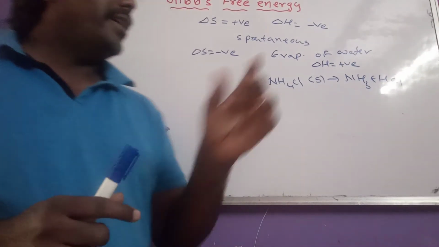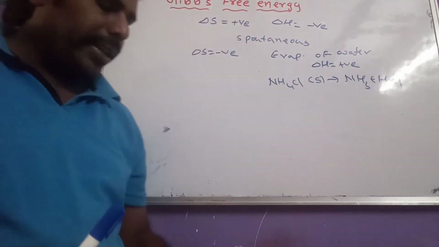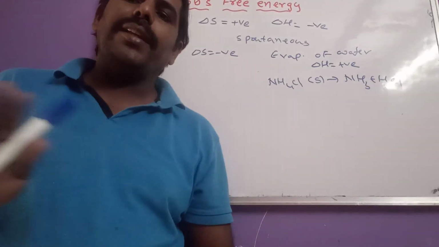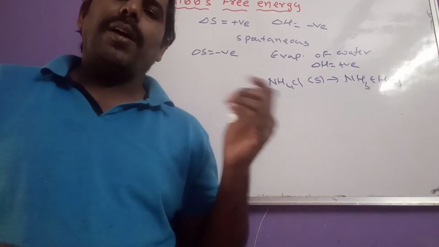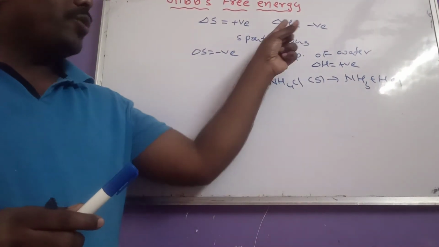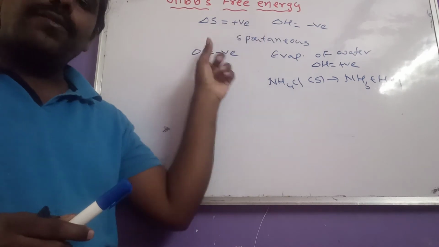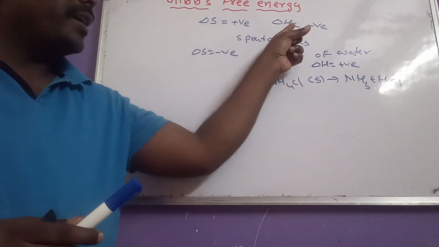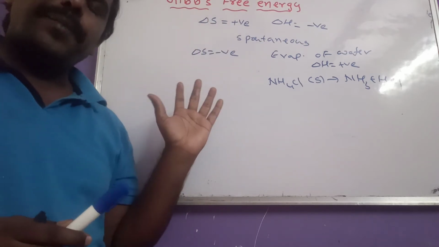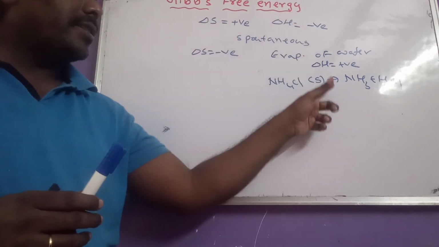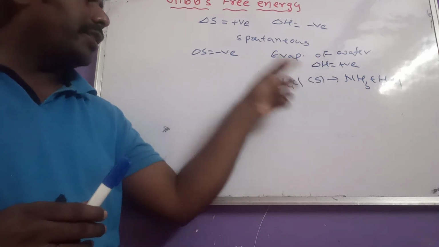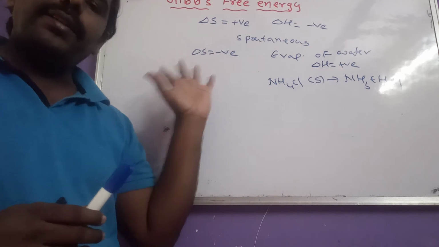Like that, delta H negative and delta S positive are just required conditions but not necessary conditions for the spontaneity of a reaction. So we are unable to determine spontaneity just by considering delta H or delta S individually, because some reactions take place spontaneously even with delta H positive and even with delta S negative.